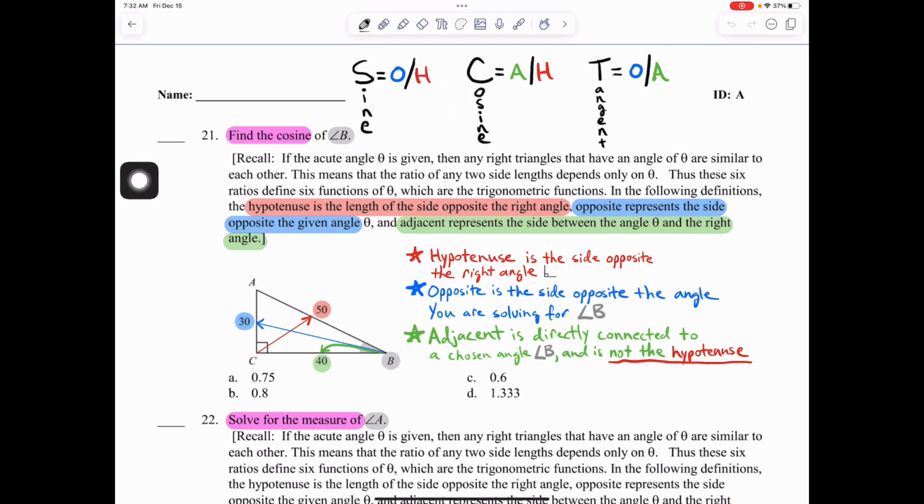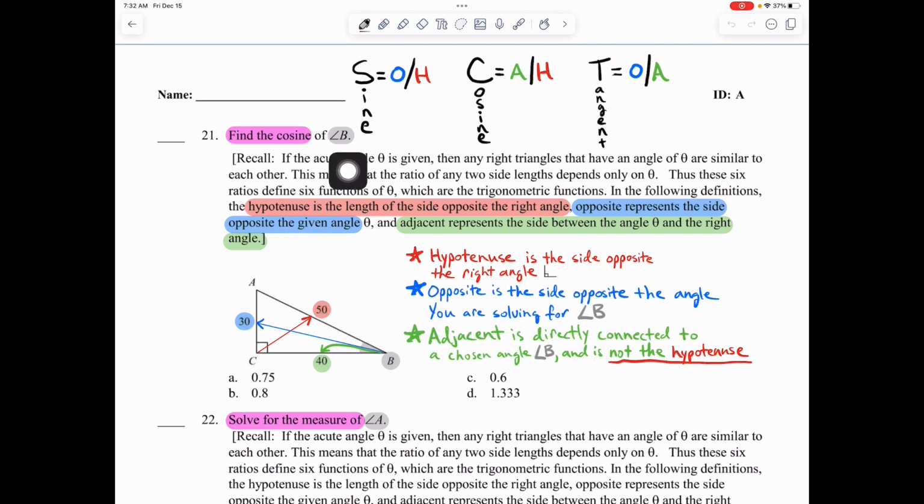The first thing I like to do, let's take a look at this example in notes first. Hypotenuse is the side opposite the right angle. Find your right angle. All of these will have the right angle. Directly opposite is your hypotenuse. Opposite is the side opposite the angle you are solving for, or what it's asking you to find.